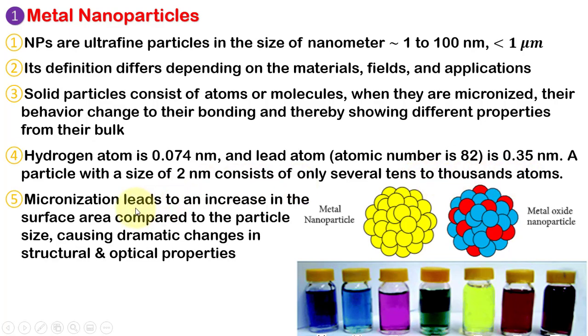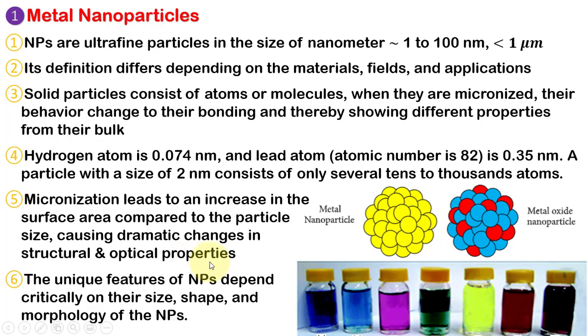Micronization of solid particles leads to an increase in the surface area compared to the particle size, which causes dramatic changes in structural and optical properties. The unique features of nanoparticles depend critically on their size, shape, and morphology.